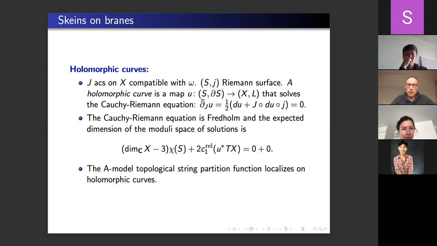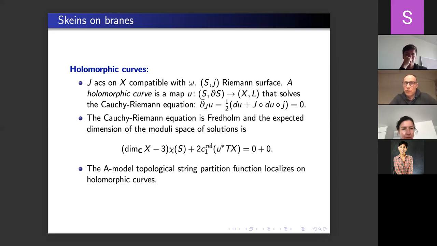What we're going to deal with is some kind of holomorphic curve counting and the behavior of holomorphic curves. For that, we need an almost complex structure on our symplectic manifold, and it should be compatible with the symplectic form, meaning that the symplectic form is positive on J complex tangent lines.